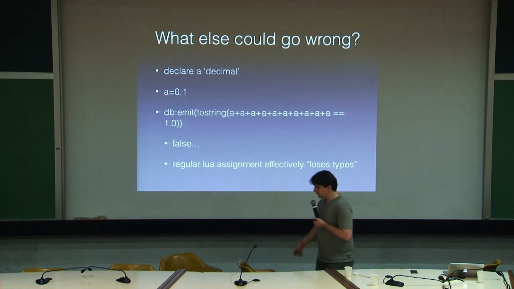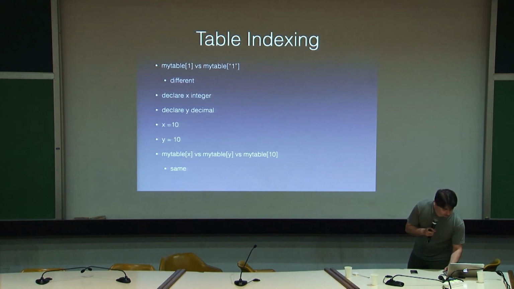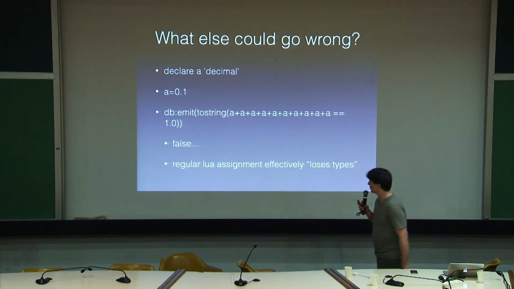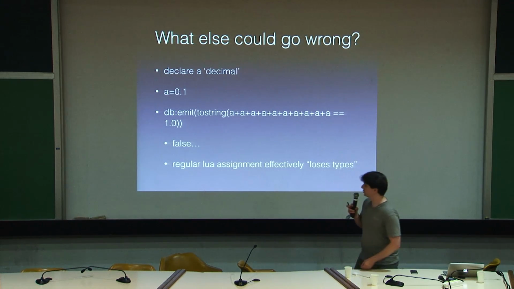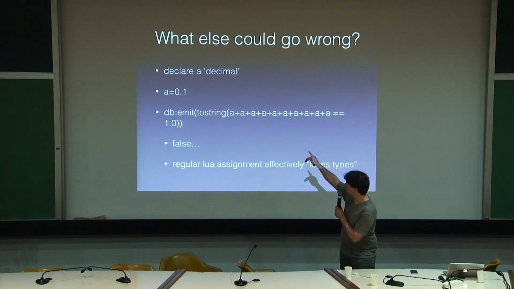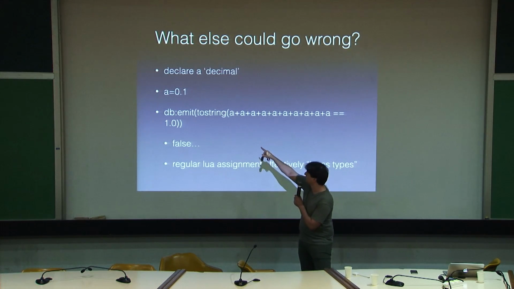Some more things we stumbled into as we were trying this out. I think I recall stumbling into this myself. Basically you declare something and this looks like a harmless mistake, right? I declared something as a decimal and then I assigned it that 0.1.